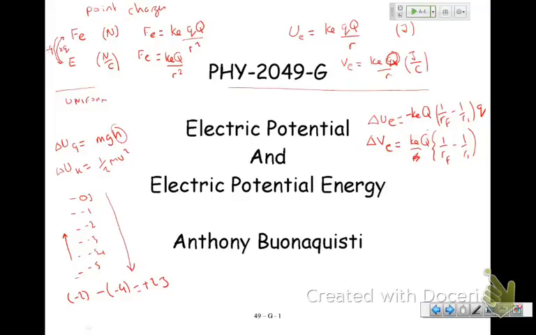Cool. Now, I mentioned signs here, and what we're going to talk about is when we roll a boulder down the hill. It's pretty simple. When you go downwards, you have a falling potential energy, so your delta U G would be negative to go downhill. It's more complicated with charges because we have positive and negative charges, so we've got to be a little bit more careful with our signs, as I'll go through.